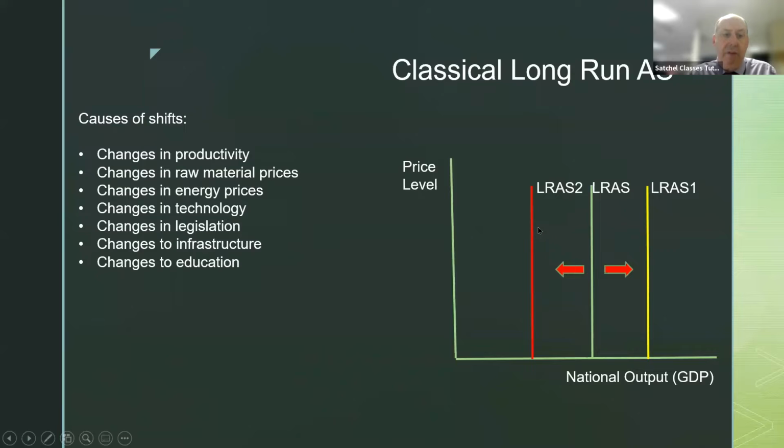Obviously, if we have changes to detriment, so for instance, new legislation like we've seen with leaving the EU, where our exports have to have new documentation, we might see a shift to the left. Changes in education take a long time to come through, but if we have a better educated nation, then the potential is that we can shift our long-run aggregate supply curve out to the right.